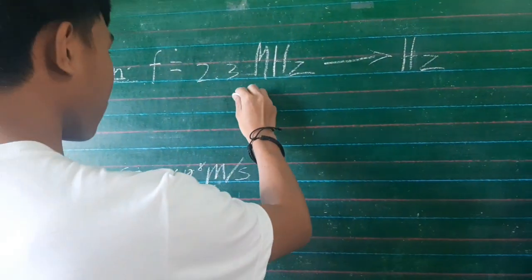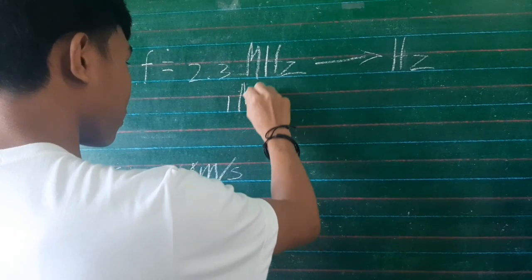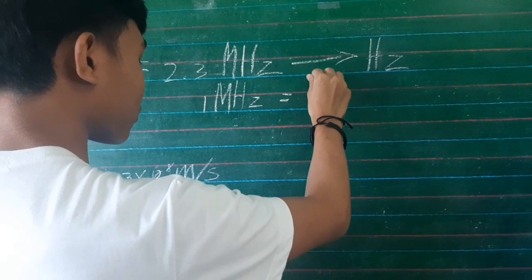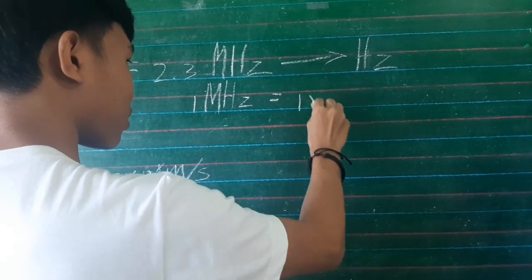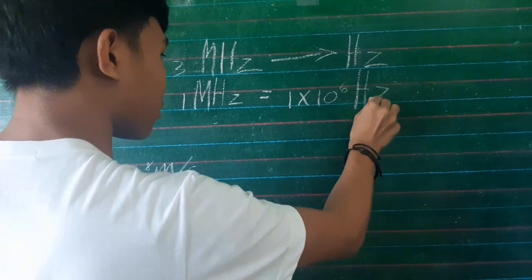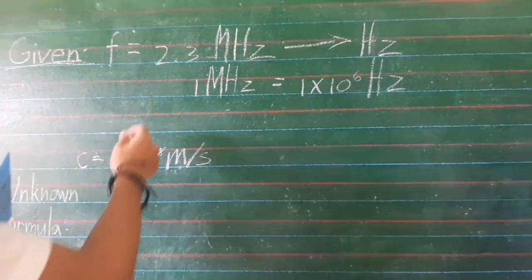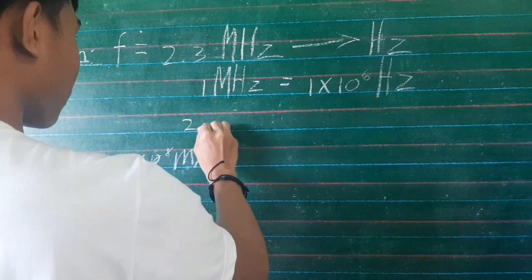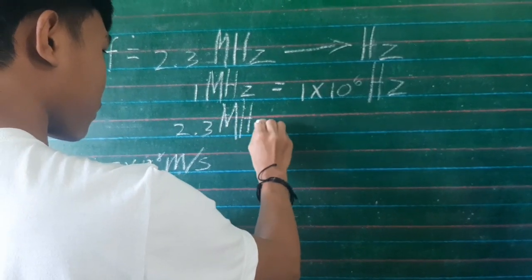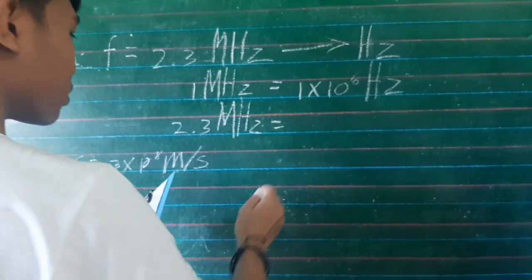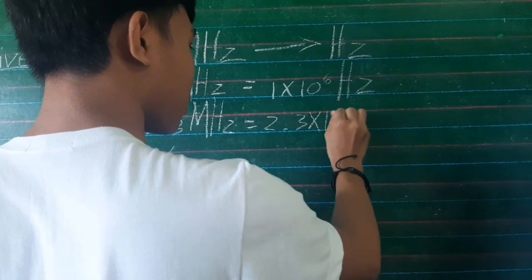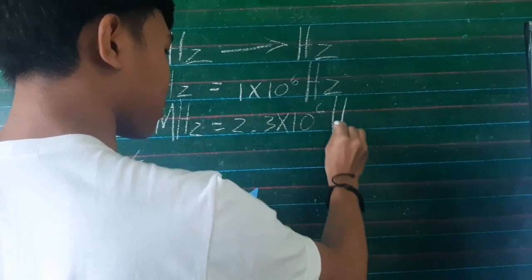So, 1 megahertz is equal to 1 times 10 raised to 6 hertz. That means when we convert 2.3 megahertz, we get 2.3 times 10 raised to 6 hertz.